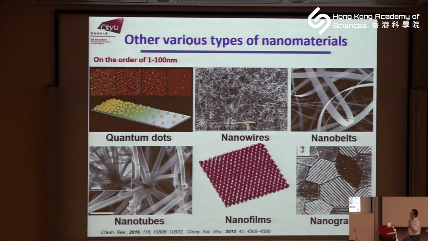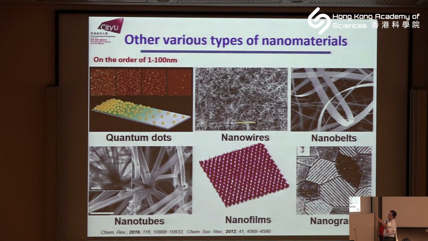And if we talk about other types of nanomaterials, we can talk about quantum dots. This is one single dot in the dimensions of a couple of nanometers, so that's why we call them quantum dots. Some researchers also call them nanodots. And also nanowires or quantum wires, and nanobelts. You can see this is like a belt shape. And also nanotubes, where the opening is hollow inside, so this is a tube, and also nanofilms and nanograins.